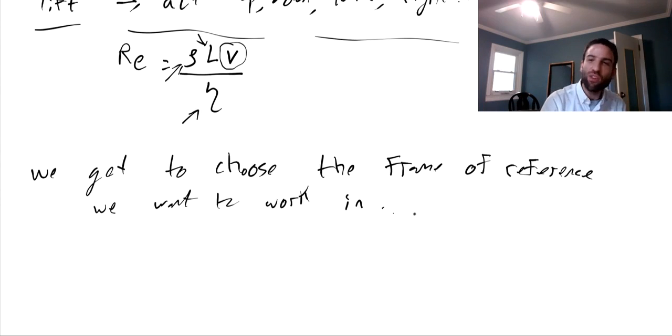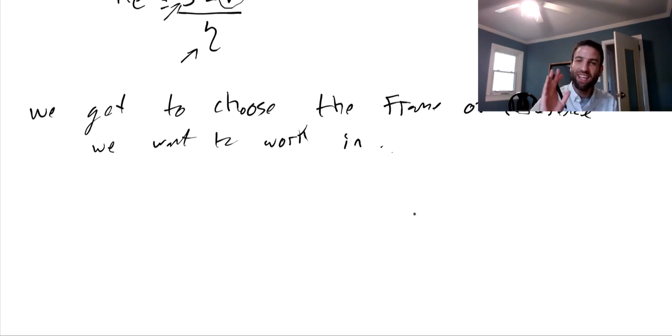Okay, and so in this section and in the subsequent sections, I'm going to choose a frame of reference that's moving with the same velocity that the ball itself does. So in that frame of reference, for instance, the ball will look like it's staying still, and we'll be drawing the flow of air over that ball. It's just a point of convenience. We can work in any reference frame that we want.